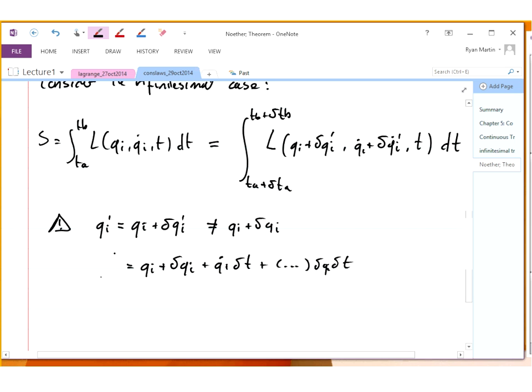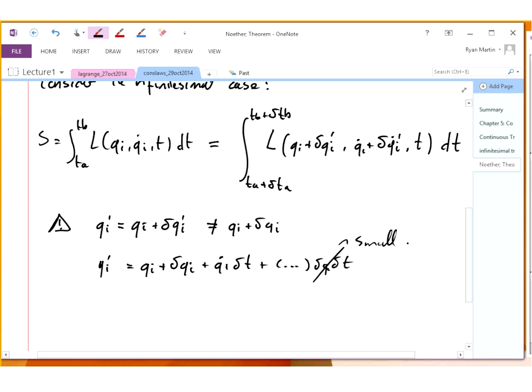So this is a first order Taylor series for QI primed, where the QI prime can depend on the QIs and T. And so if you vary the Q's and T, then when you apply the chain rule in the Taylor series, there's going to be terms that have delta QIs and terms that have delta T's and terms that have products of the two.